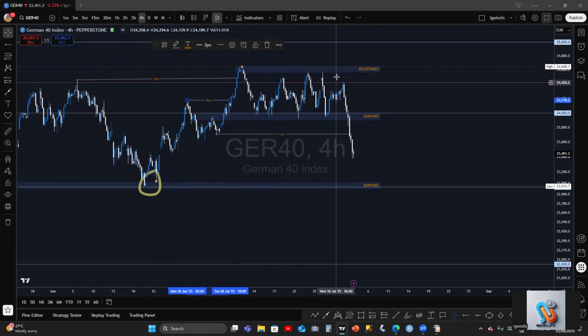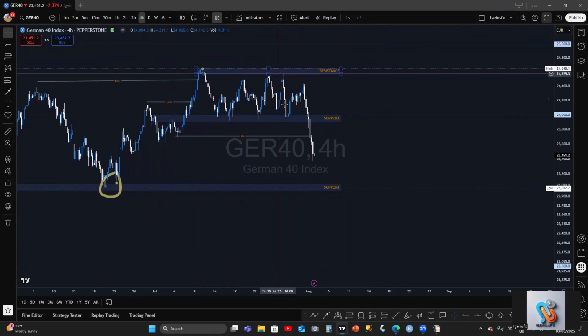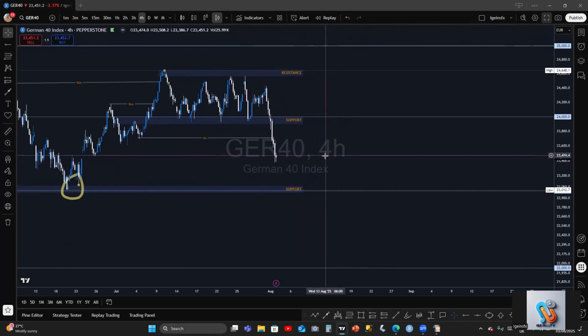Since then, no level is higher than this level. You can see before price pushed to the downside, it went a little up, but it did not take out any high. Then it now drops, giving us a market shift here. So it has broken out of the range.